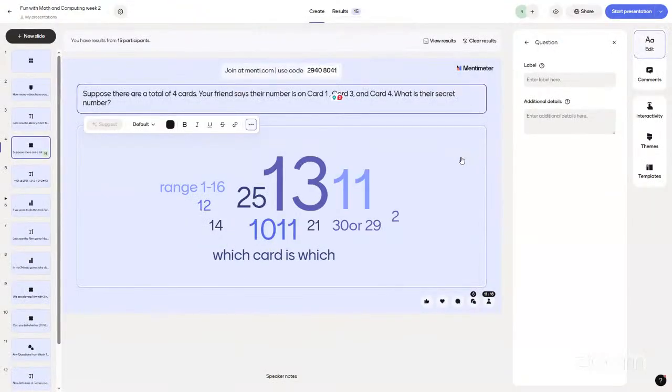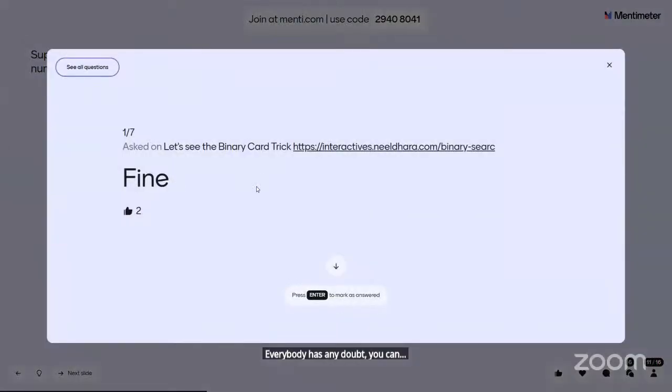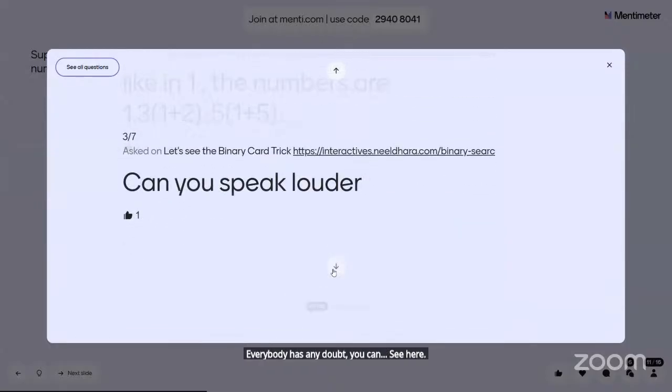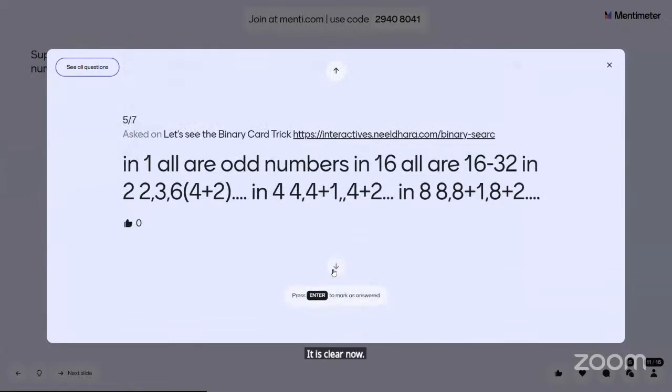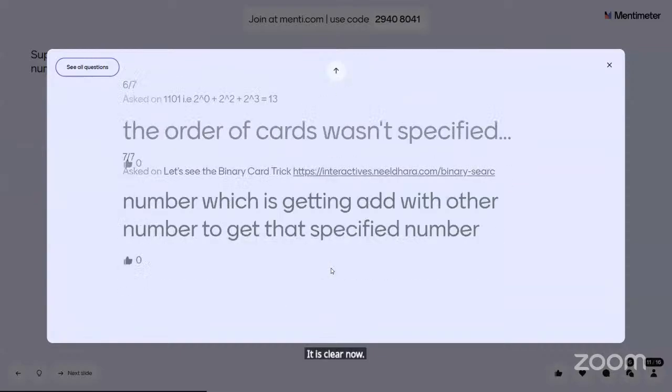If anybody has any doubt, you can say here. It is clear now. Yeah, that's the problem, the order was not specified.